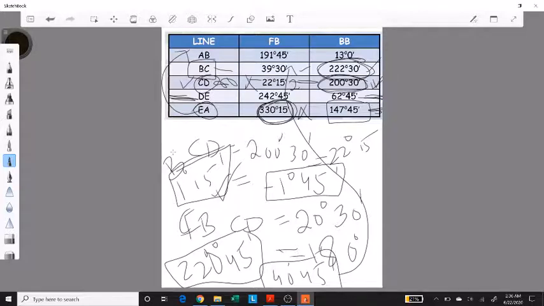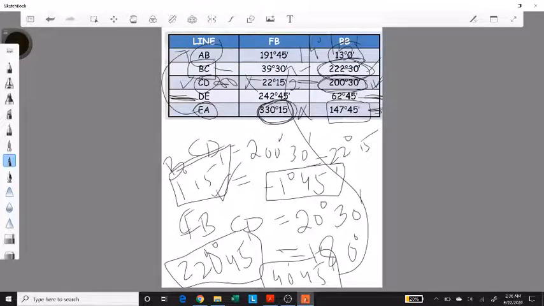So now that we have that, I can move to the line AB. Now I have the correction that should be applied at the point B. And what is the reading that I took from the point B? That was the back bearing of the line AB. So if I apply this correction, 1 degree 15 minutes, to the back bearing, I have to add it, and this becomes 14 degrees 15 minutes.